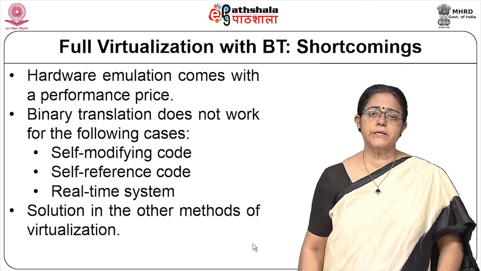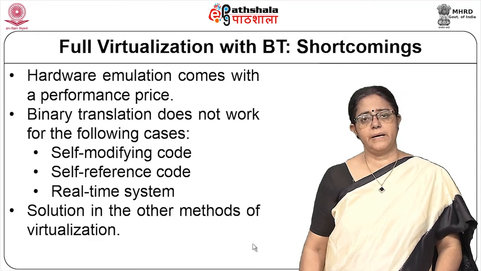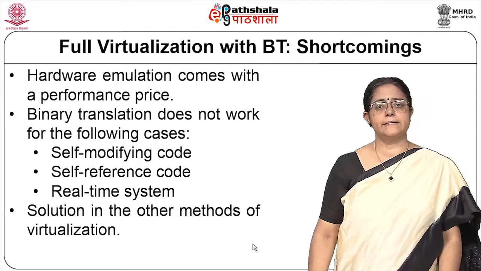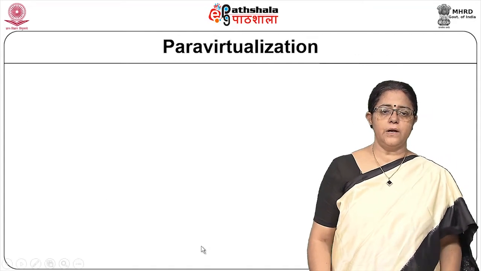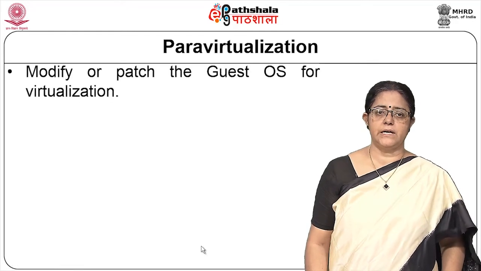Full virtualization with binary translation or dynamic binary translation largely works, but there are certain cases where it does not, where we can use the next mechanism, which is para virtualization.